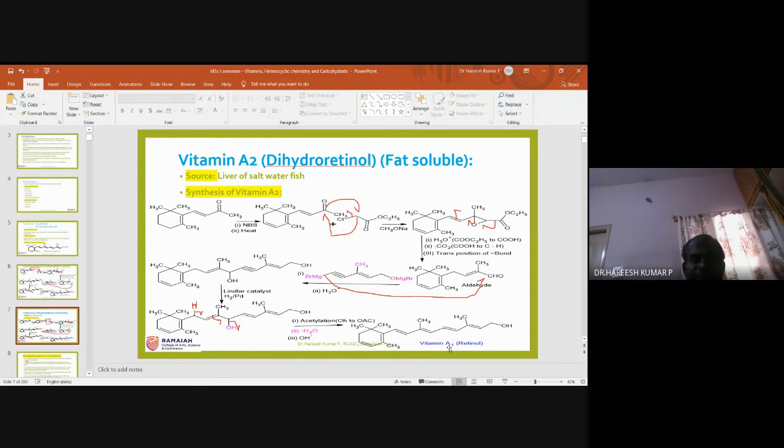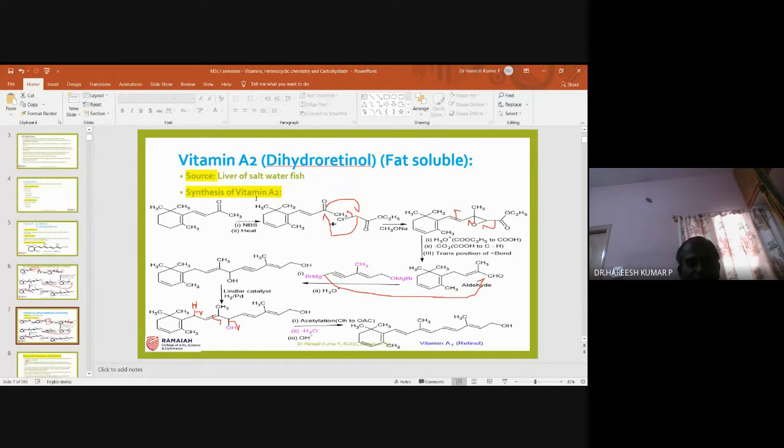What is the source? If we look into the source, it is the liver of saltwater fish. The liver of saltwater fish is the source of dehydroretinol. I think you are aware of the difference between saltwater fish and freshwater fish.